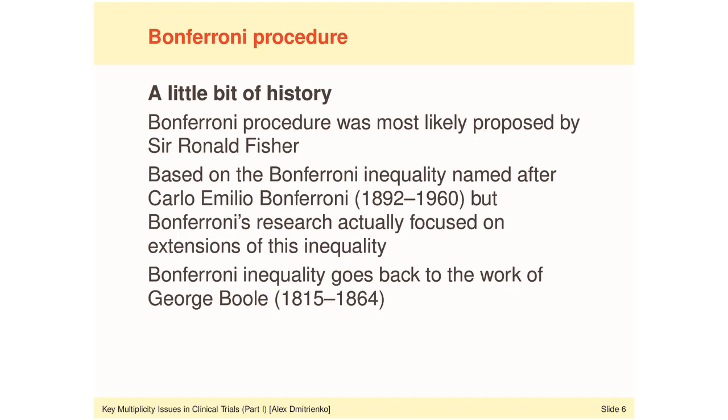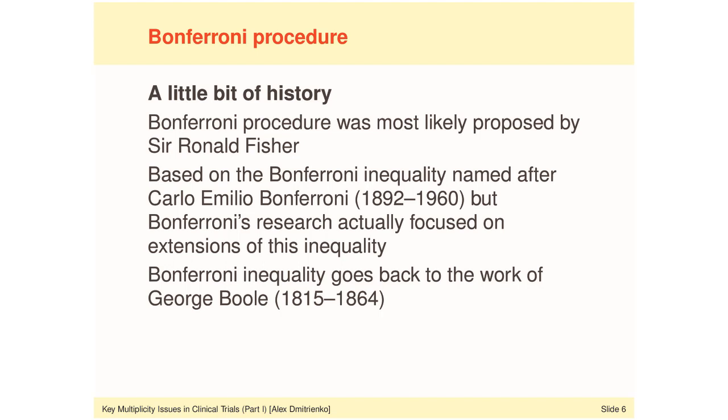We're going to take a look first at the Bonferroni procedure, and we will begin with a little bit of history. The Bonferroni procedure is one of the most popular multiplicity adjustments, one of the most popular tools, so to speak, on the multiple comparison market, mainly because it's been around for a very long time.